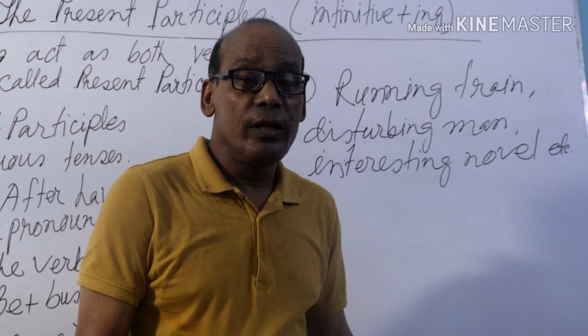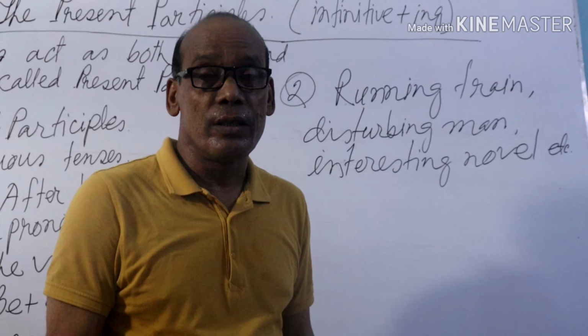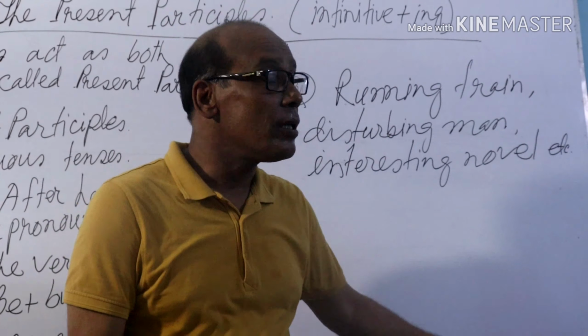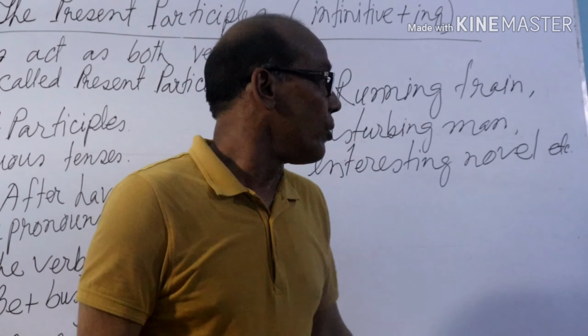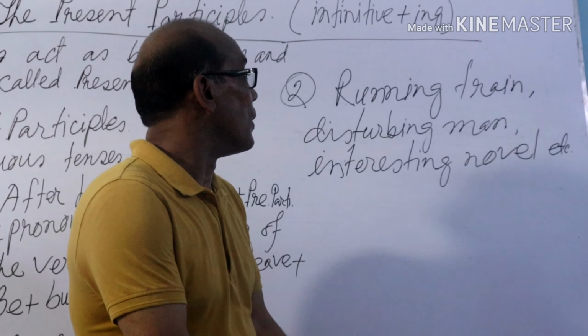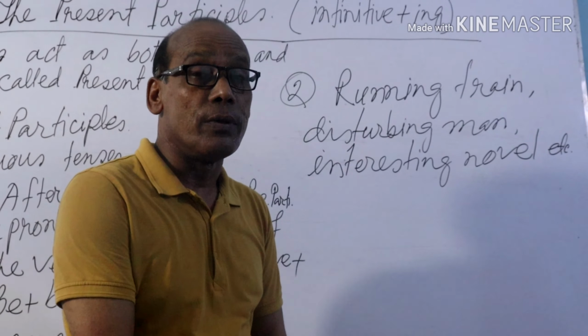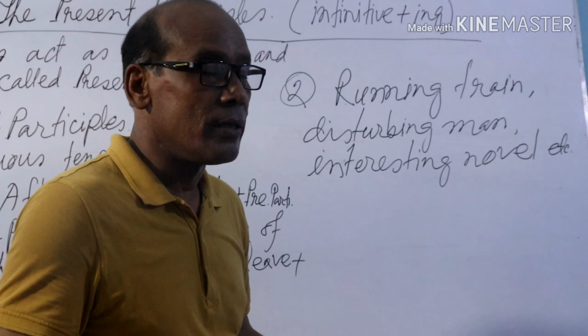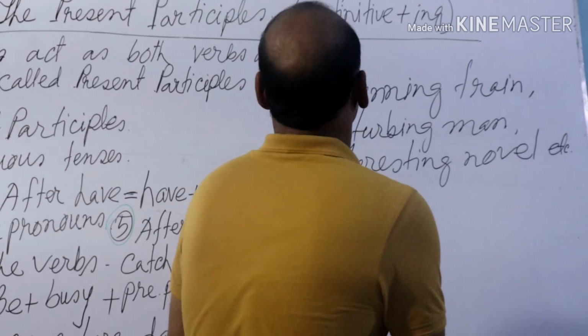Interesting novel: read this novel which is interesting. That means this is an interesting novel, you can read it. So in this way we can use the present participle as adjectives in many places, in many cases. I think this is clear to you.